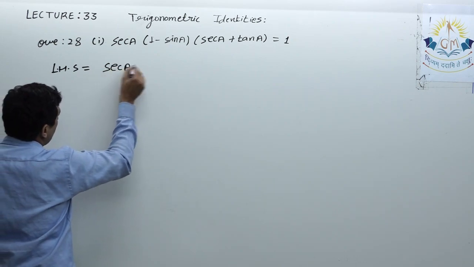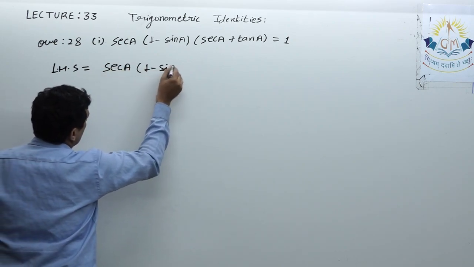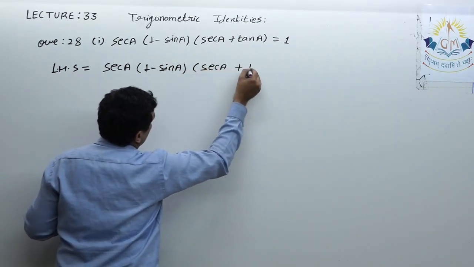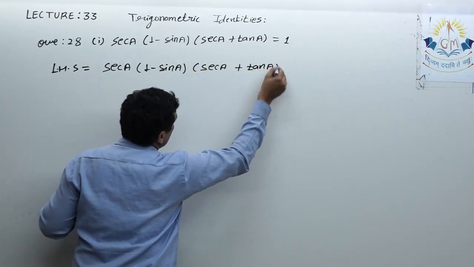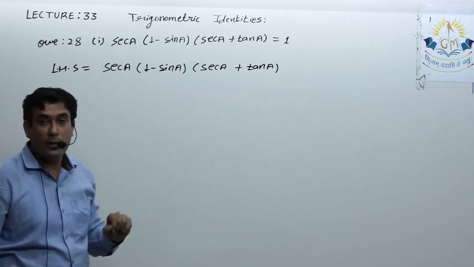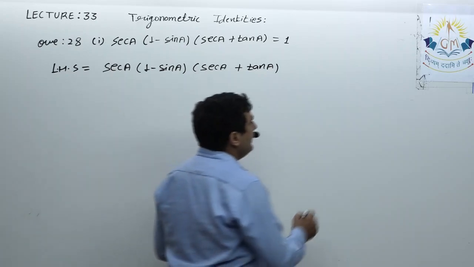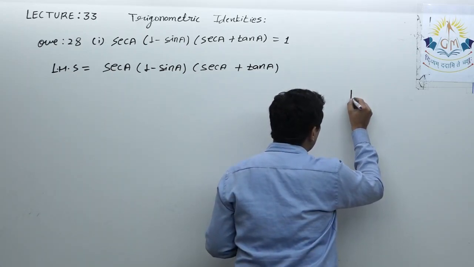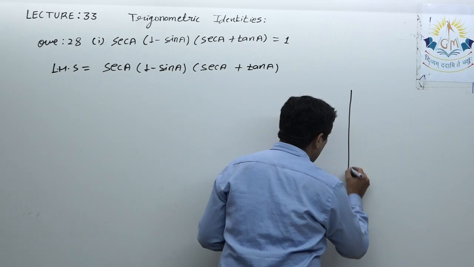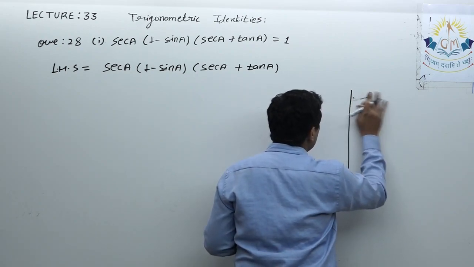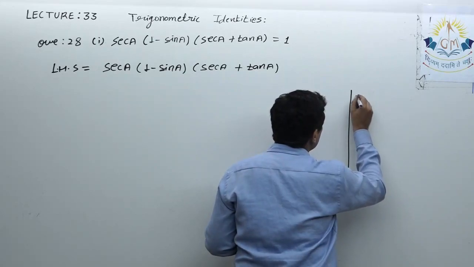Sec A, 1 minus sine A, sec A plus tan A. However, there is no specific rule to solve these questions, but definitely I am going to give you some steps that, if you follow, you will be able to solve these questions.